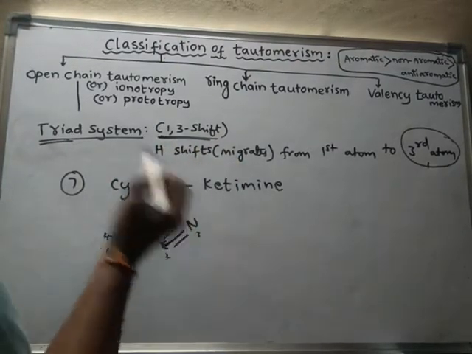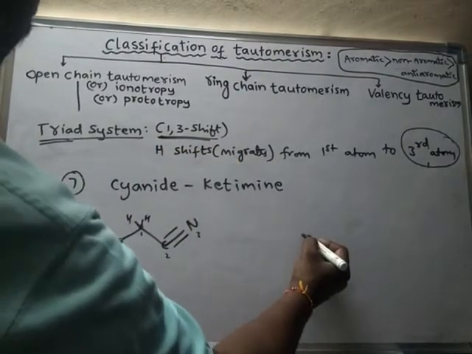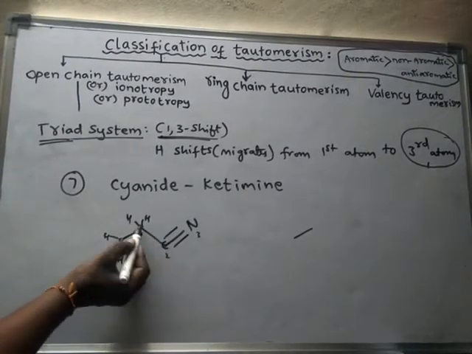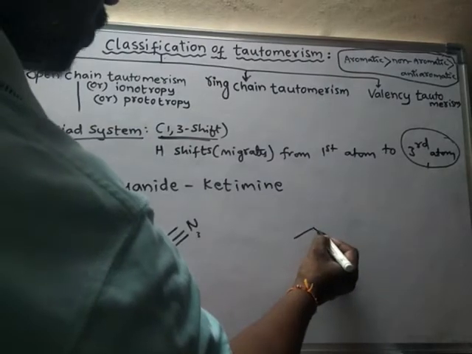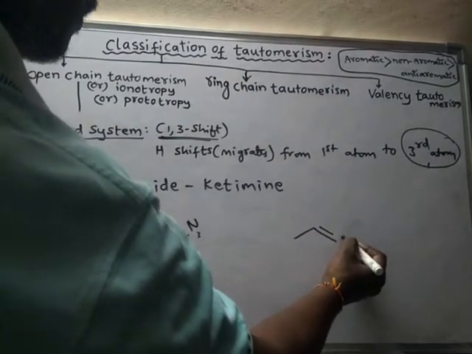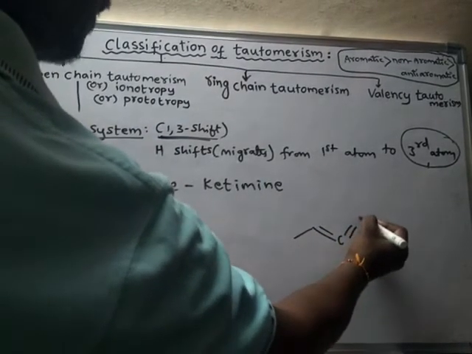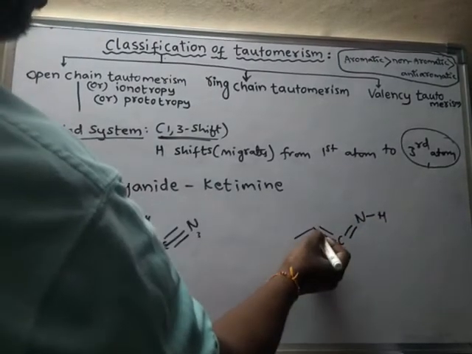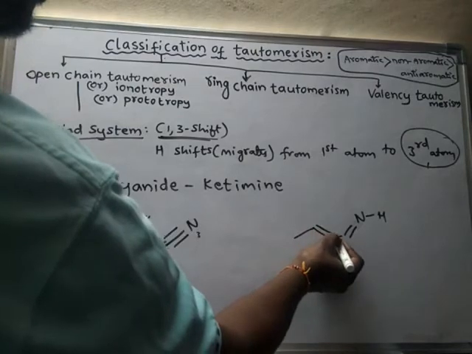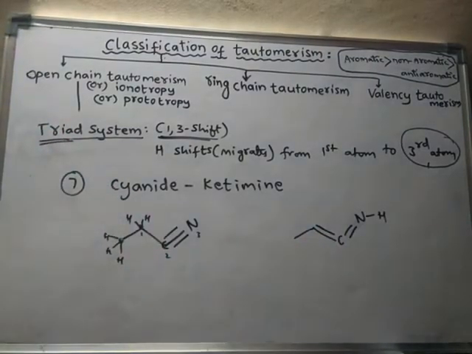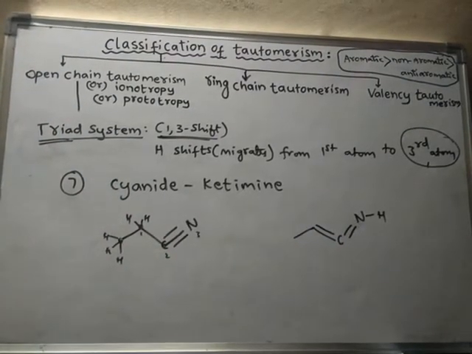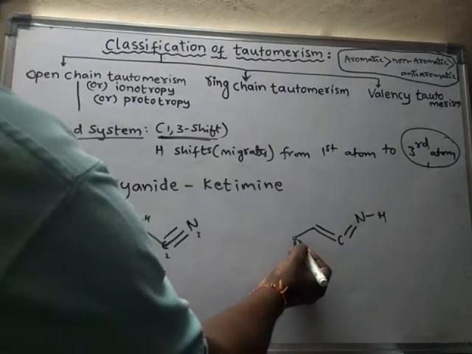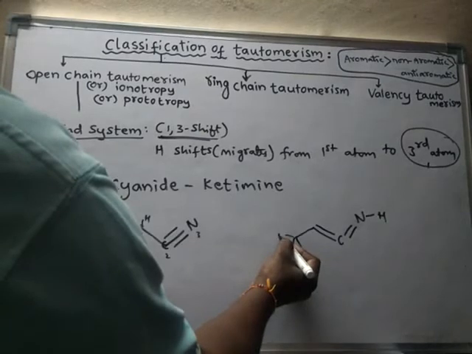This hydrogen will move towards the nitrogen. And one of the pi bonds will move between the 2 carbons. As a result, you will get this compound. Here 2 double bonds are there, and here this is hydrogen.